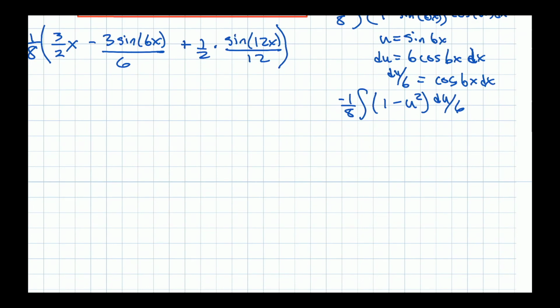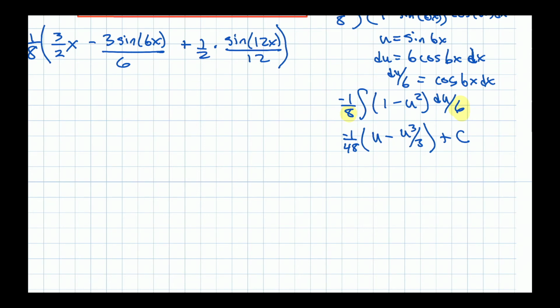Okay. I think we can finish it right here, so let's do it. We've got the 6 and the 8. Let's just combine those and get negative 1 over 48. Let's do the antiderivative here. The antiderivative of 1 minus u squared. The antiderivative of 1 is u, and the antiderivative of u squared is u cubed over 3 plus c.